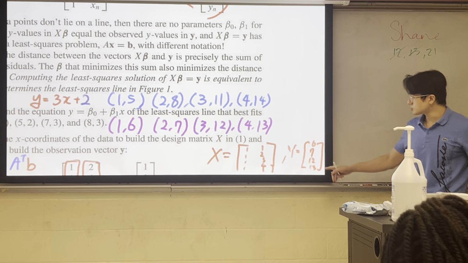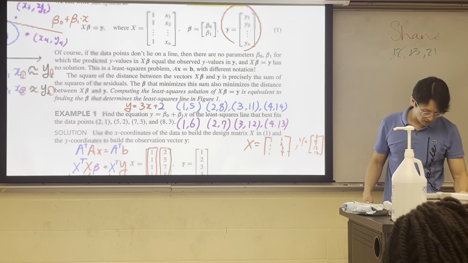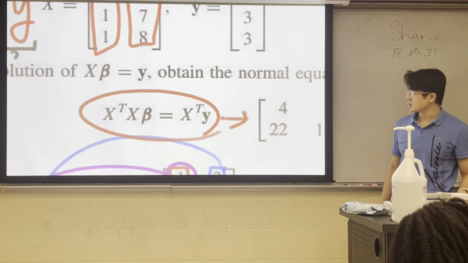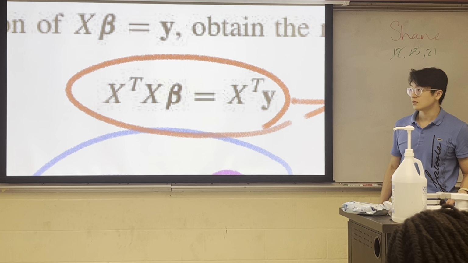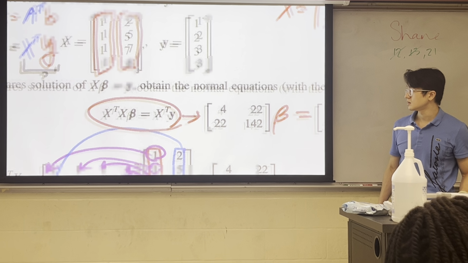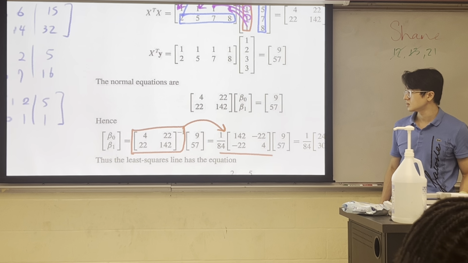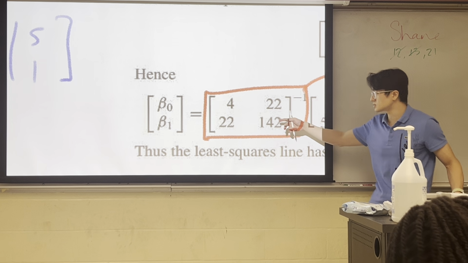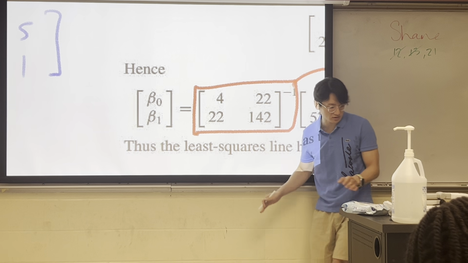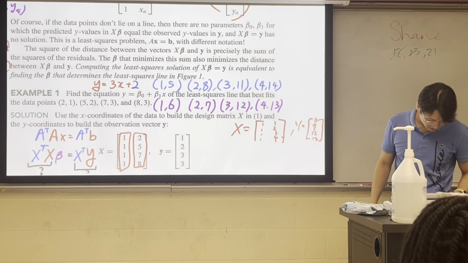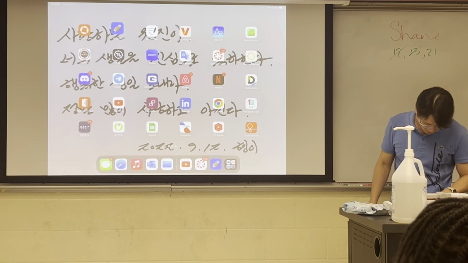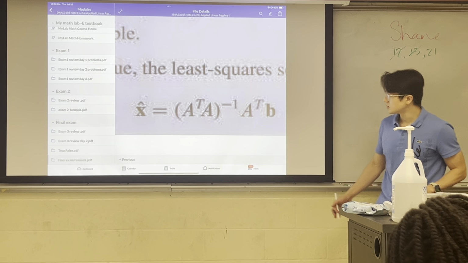Okay. So once you find x and y, you can use this formula. Find the beta. You could use the inverse of this. Find the inverse, right? But our number is a little bit different. You can use the inverse to find the beta.